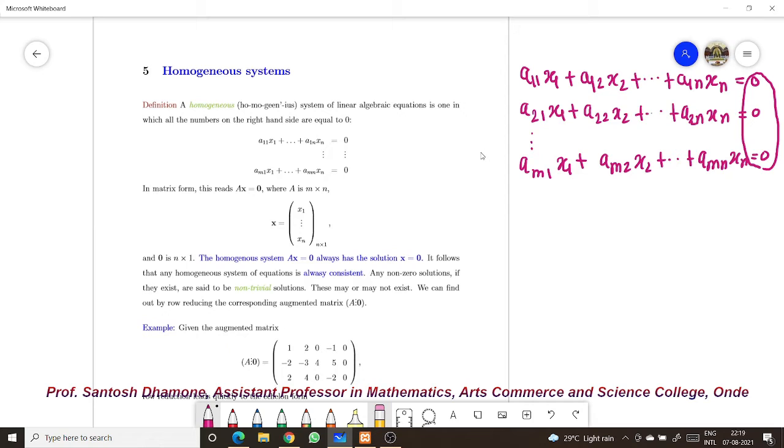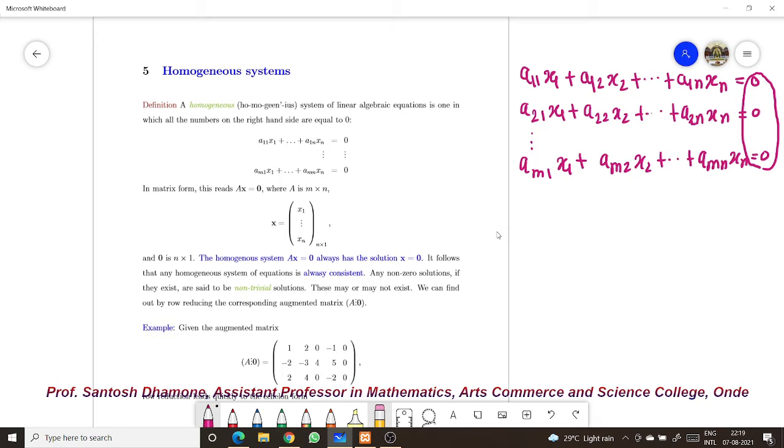In matrix form, this reads Ax is equal to 0, matrix A into matrix X is equal to 0, where A is an m by n matrix, that is, A is a matrix with m rows and n columns.